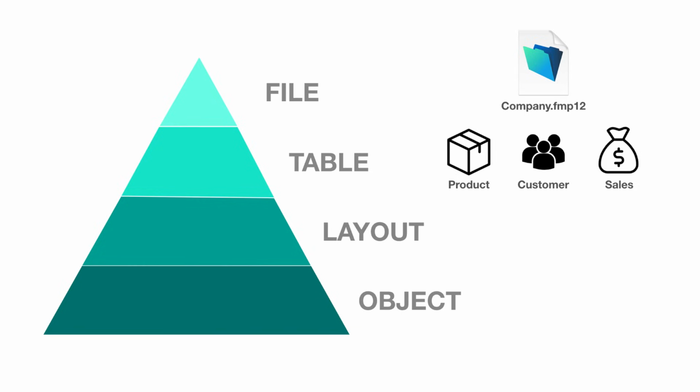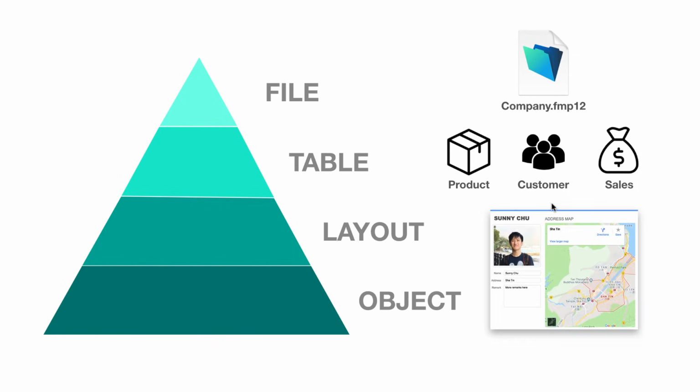Moving on, we talk about layout. Inside this customer table, even though they may have the same set of data shared, we can present this data in different layouts or user interfaces. For example, I can present the customer information in a form like this with a big picture, some detail, and showing the map of the location of that customer.